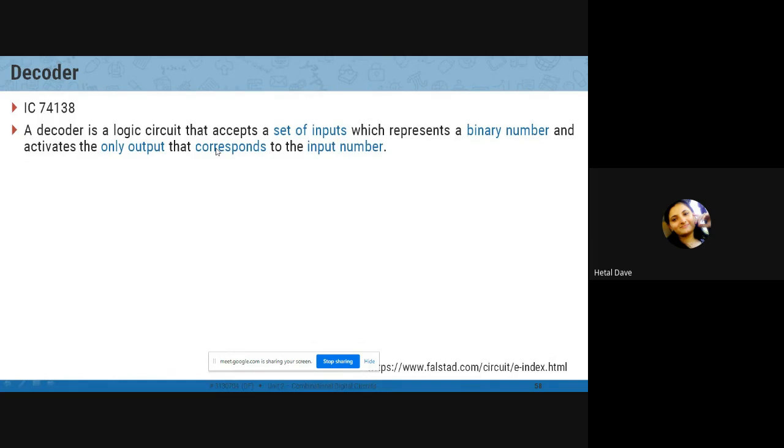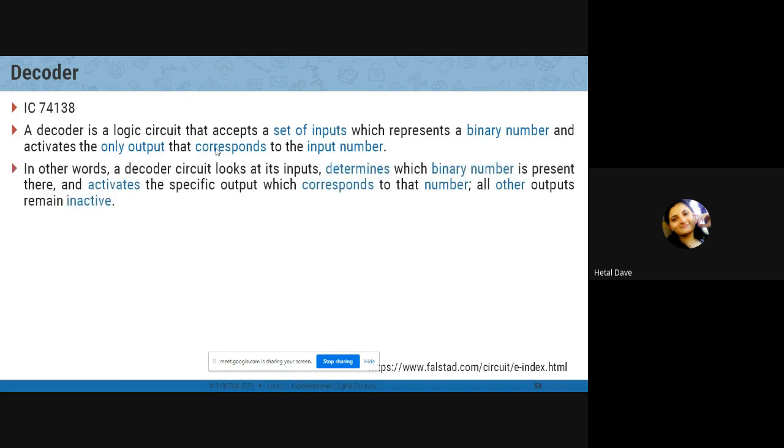Which output line will be activated depends on the input. I hope now you can understand the definition of decoder. If we directly see the definition, it is a little bit confusing, but once you learn from this animation, the definition is perfectly understood.